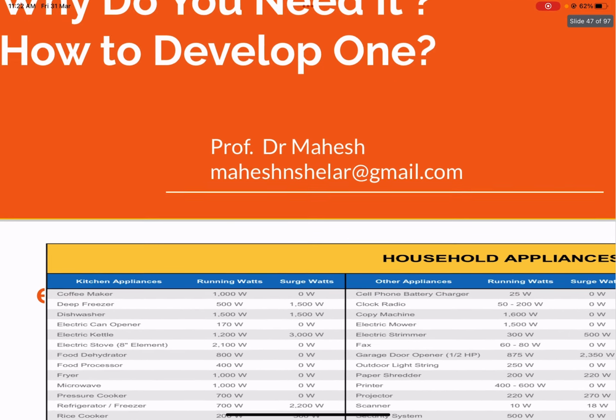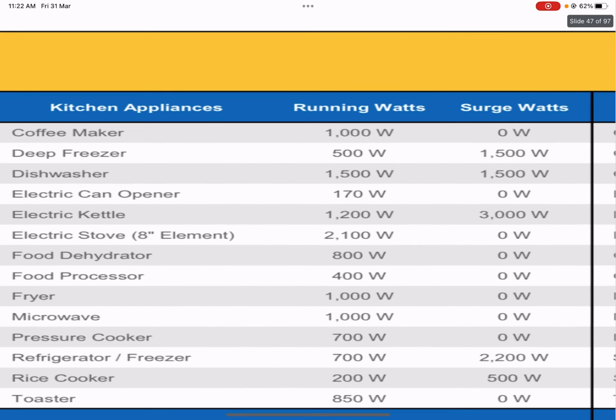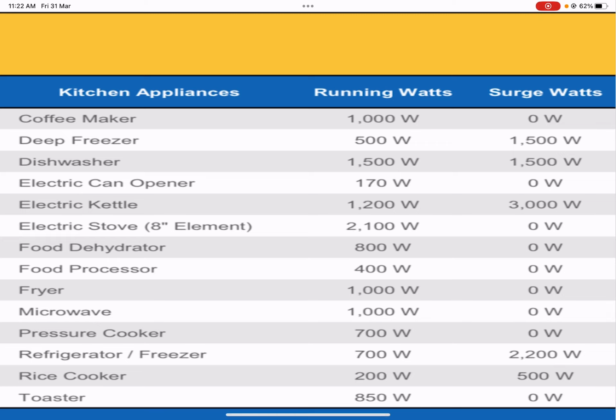Look at this. This is the typical kitchen appliance. You see that there is a coffee maker, and the coffee maker typically has a running wattage or rating of 1000 watt. 1000 watt is 1 kilowatt, and the surge wattage is 0.